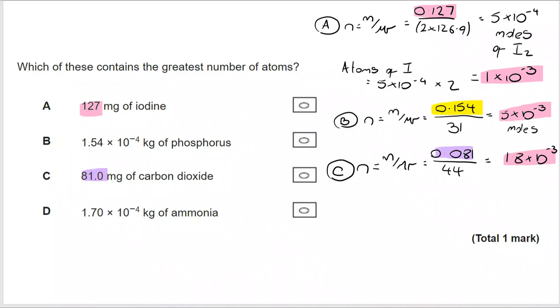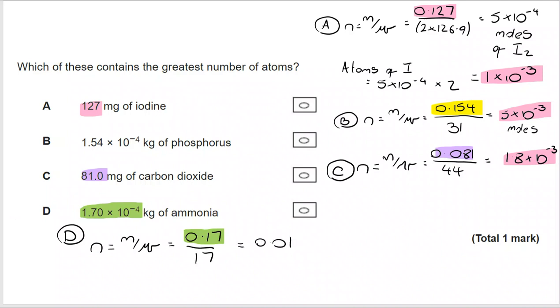I'm going to come back and talk about that one in a second as well, once I get to the end of the answer. When I get to D, we have got 1.7 × 10⁻⁴ kilograms. Let's convert that into grams, 0.17, and let's divide by the Mr, which is 17. That's 0.01 moles.